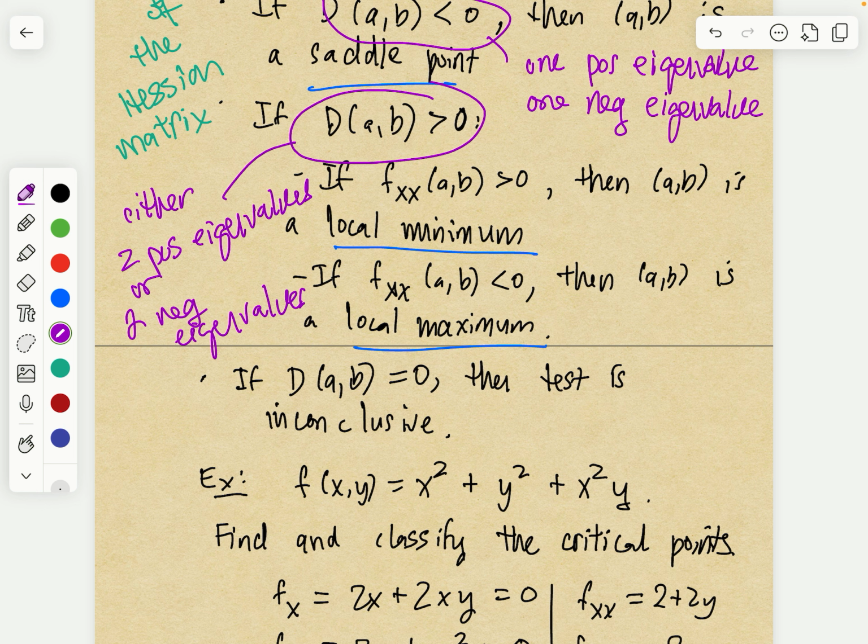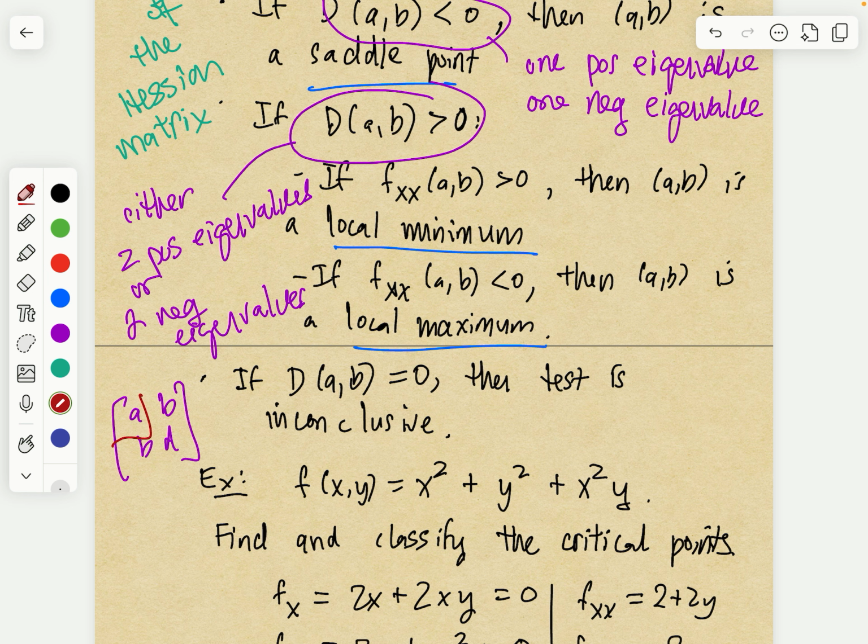And one of the things that I showed in the video on positive determinant matrices is that when you have a symmetric matrix with real entries, if the determinant is positive, and if A, the number on the top left, is positive, then your matrix has two positive eigenvalues.